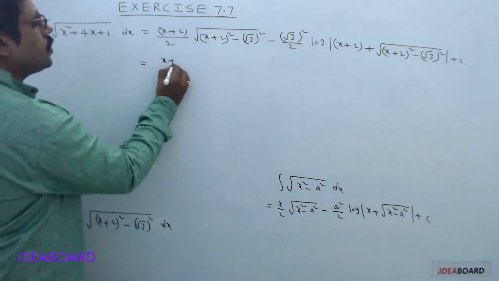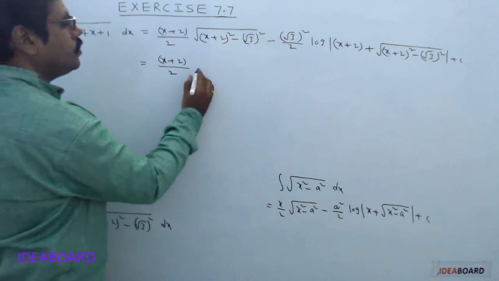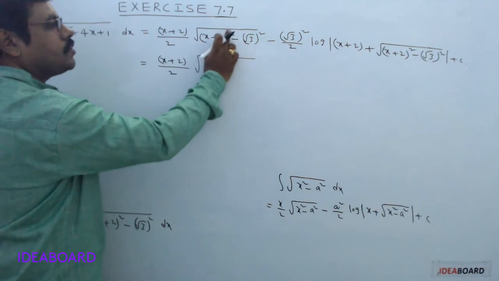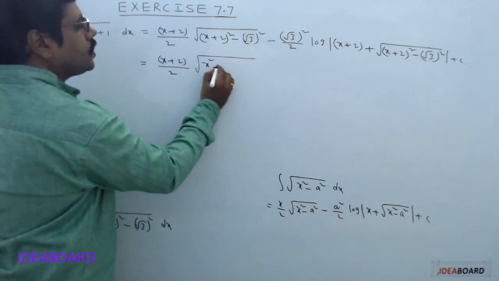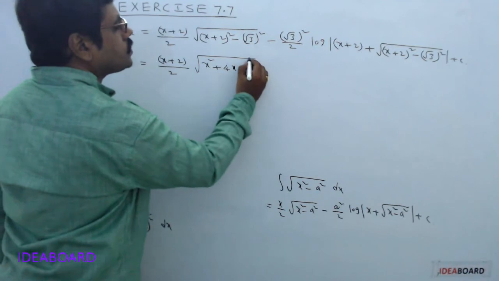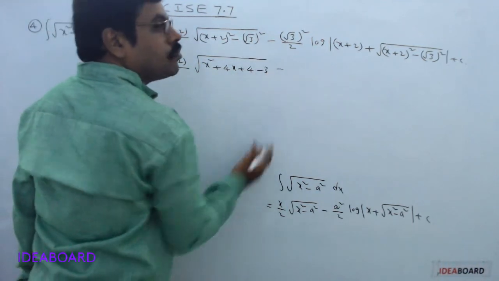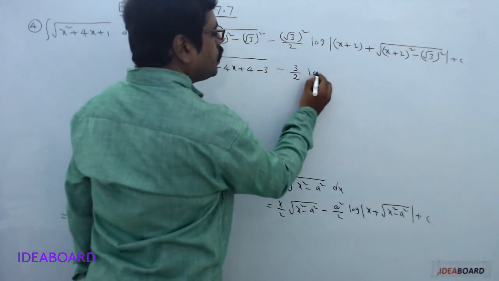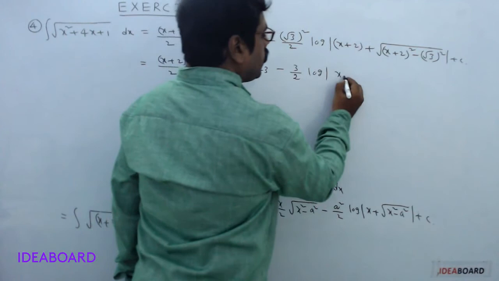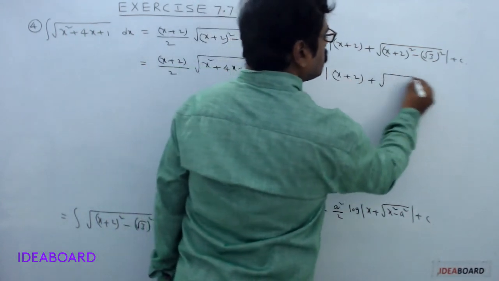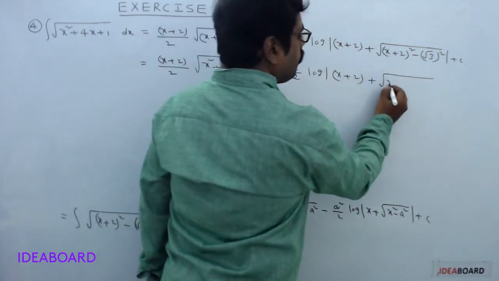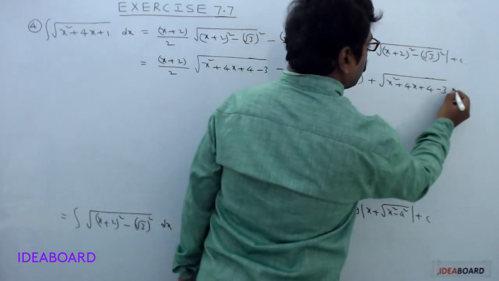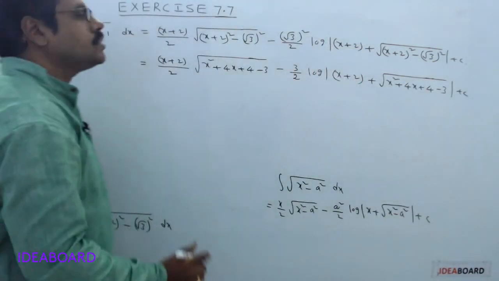Now this is x plus 2 divided by 2 into square root of, expand this term by using a plus b whole square formula. So x square plus 4x plus 4 minus 3, minus root 3 whole square is 3 divided by 2 into log mod of x plus 2 plus square root of, expand this term, x square plus 4x plus 4, it is minus 3 plus a constant c.